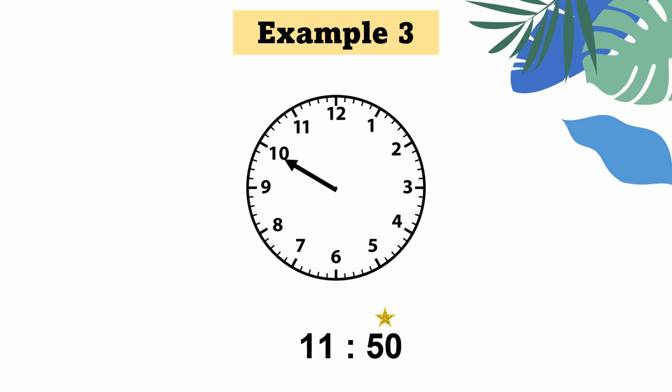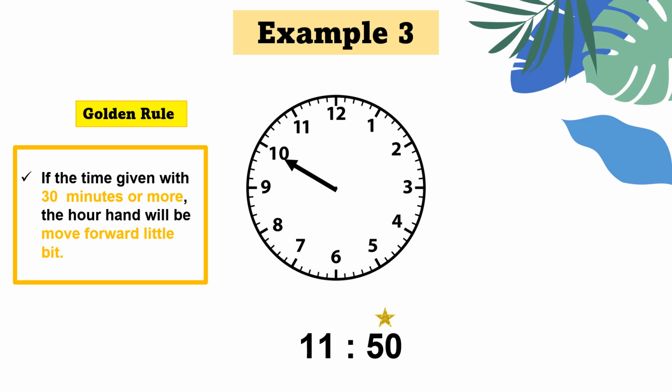For example 3, we're going to draw 11:50. The 50 minutes is already drawn for you, the minute hand. So 50 minutes. Remember the golden rule? I put a star there. If the time given is 30 minutes or more, and 50 minutes is more than 30 minutes, the hour hand will again be moved forward a little bit.